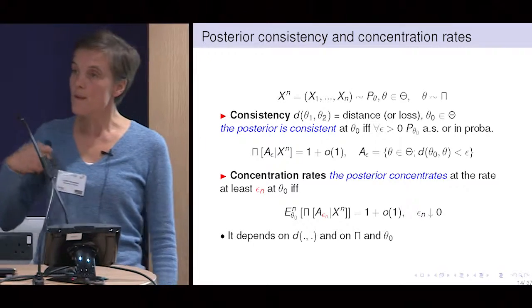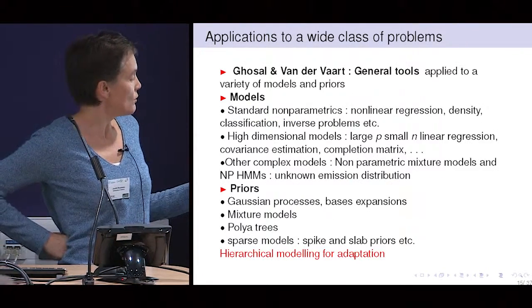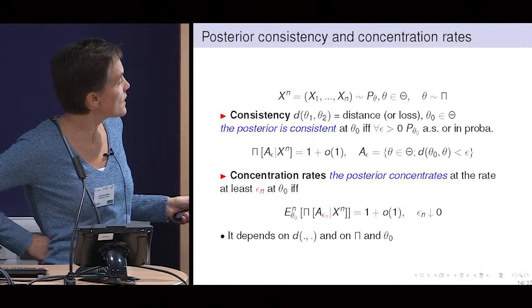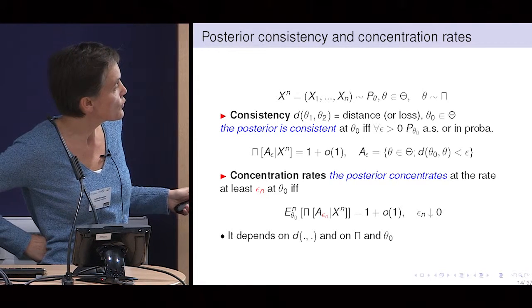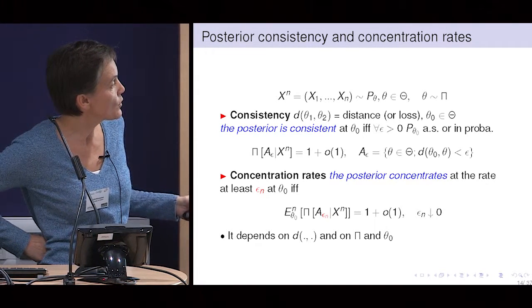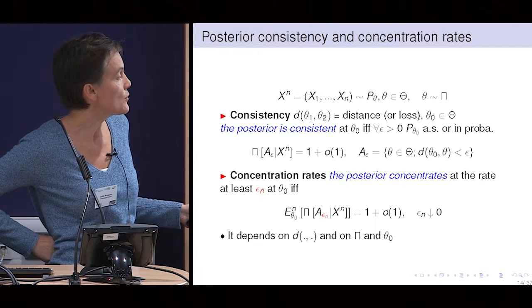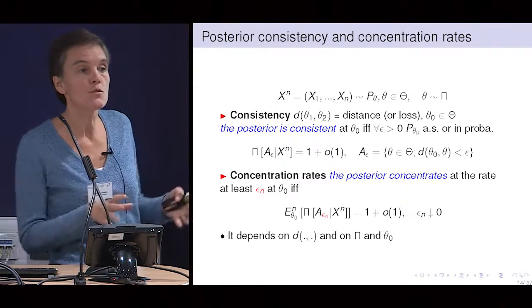And if you look at the rate at which the posterior concentrates, it corresponds to looking at shrinking neighborhoods. So epsilon this time goes to 0. You're looking at neighborhoods that are smaller and smaller around the truth, but still the posterior probability of these neighborhoods goes to 1 as n goes to infinity. So it still captures most of the mass.